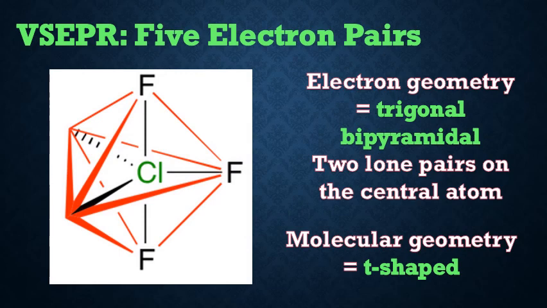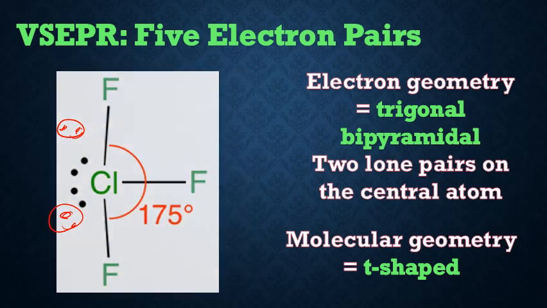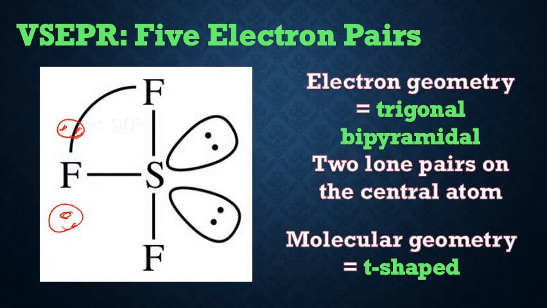And here we have chlorine trifluoride. Here is a lone pair, here is a lone pair. You can see the trigonal bipyramidal shape of the electron geometry. However, with these 2 lone pairs, we say that the molecular shape is T-shaped. Don't worry about knowing the bond angles.